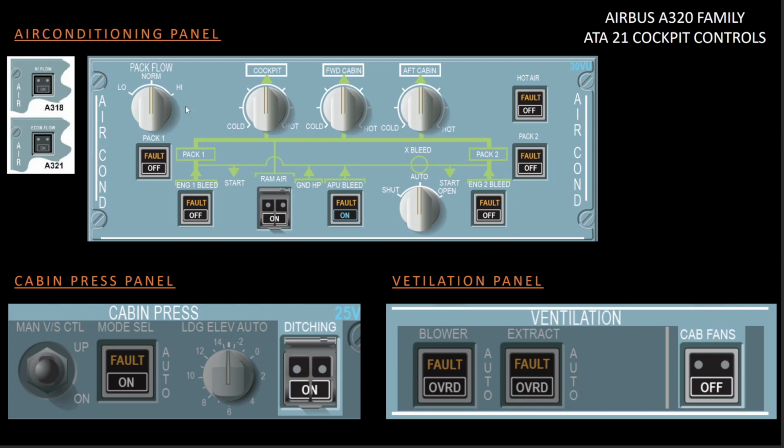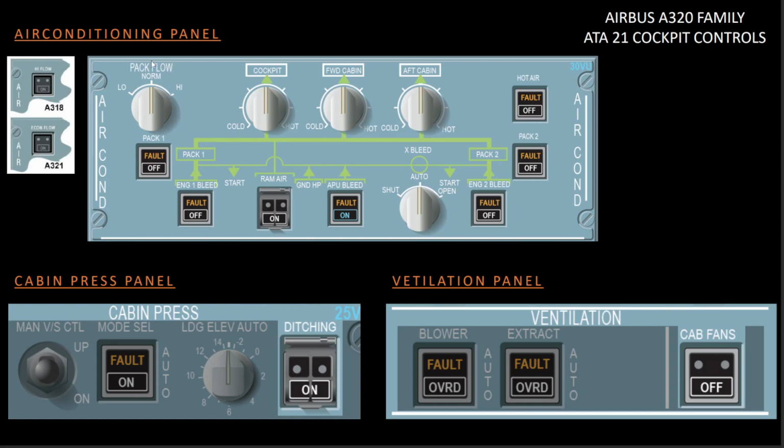In case you are using APU bleed instead of engine bleed, even though you have placed this rotary selector in normal or low position, the supply will automatically shift to high demand.